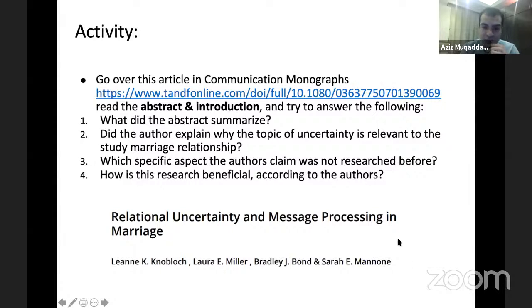Which specific aspect did the author claim was not researched before? In other words, what does the research add to previous research? What things haven't been researched before that the authors are trying to research? And what is one benefit of this research according to the authors?